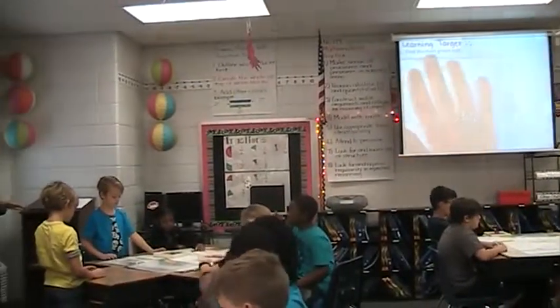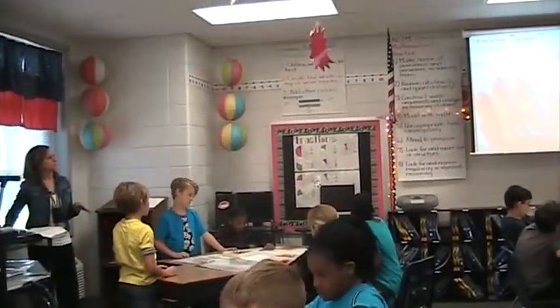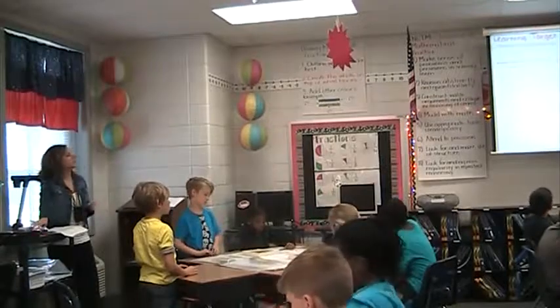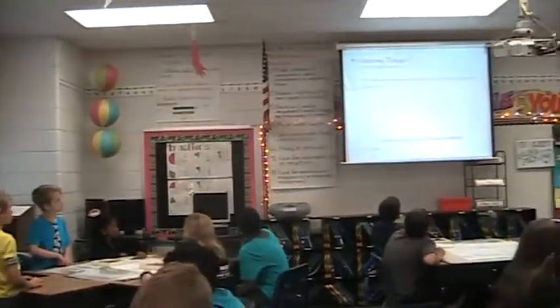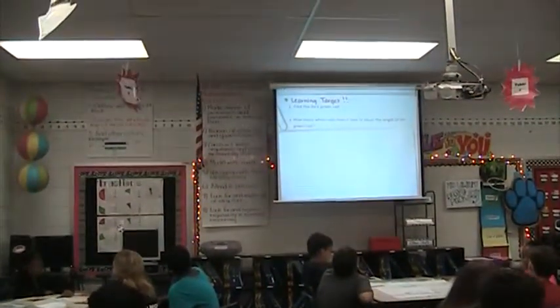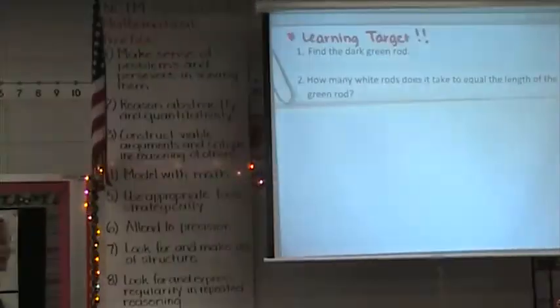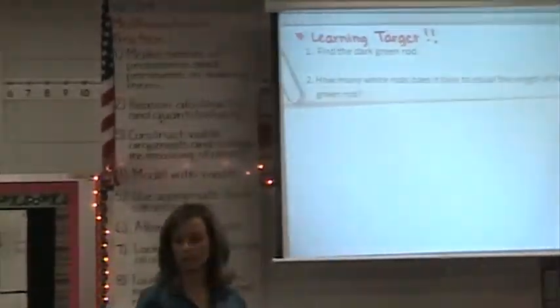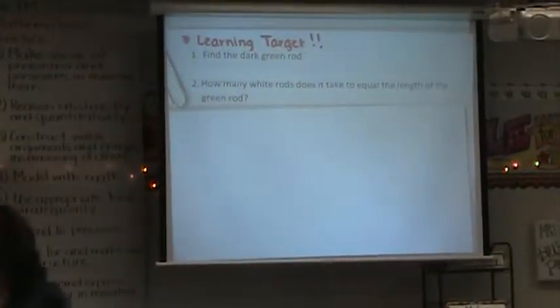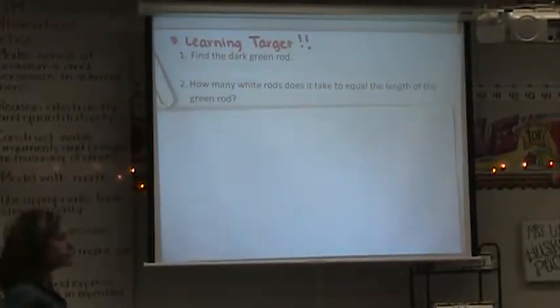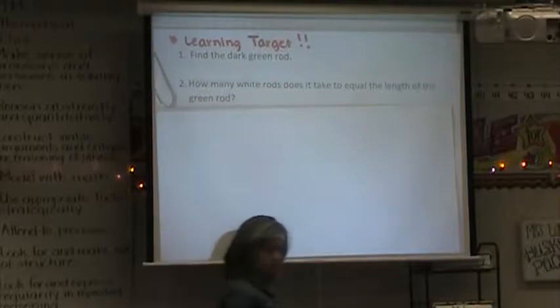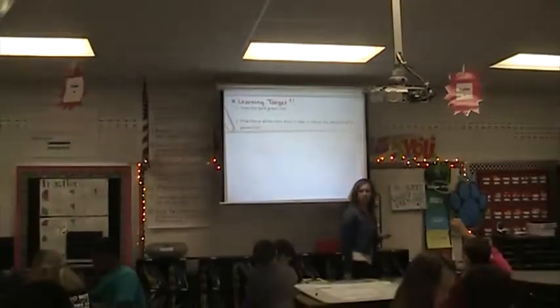Okay, so let's think about this question here. How many white rods does it take to equal the length of the green rod? So I want you to figure that out. Using your rods, how many white rods does it take to equal the length of the green rod? Raise your hand when you know. Drew knows.